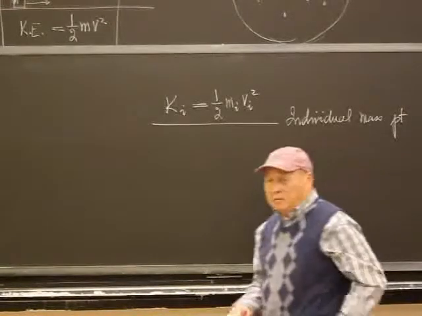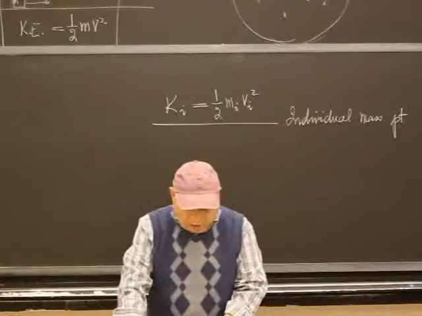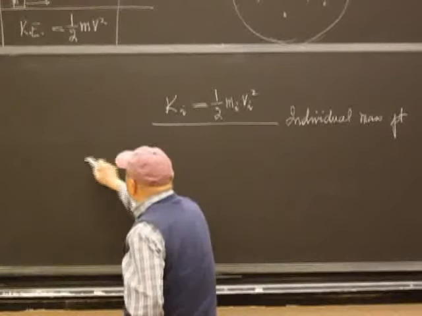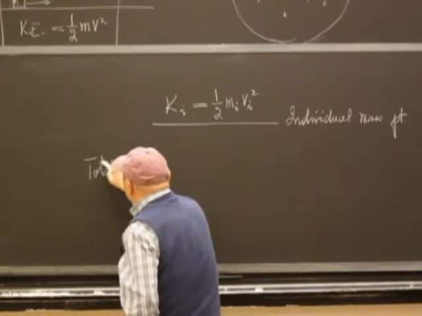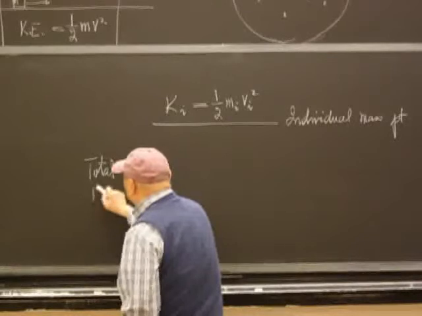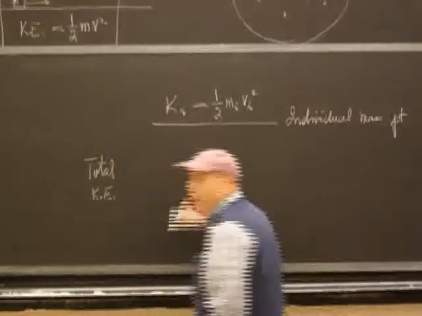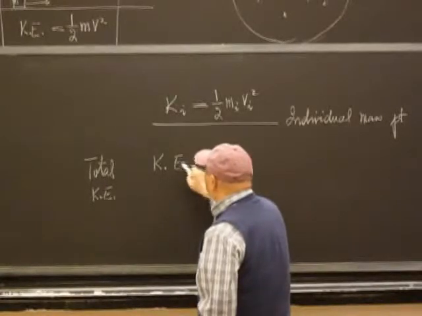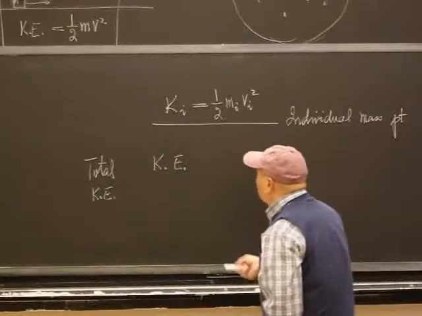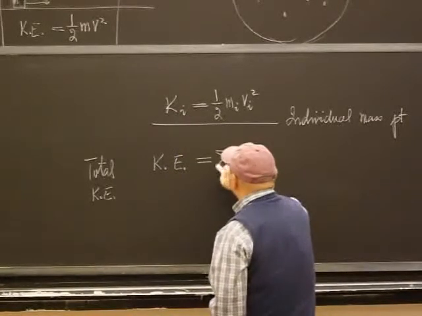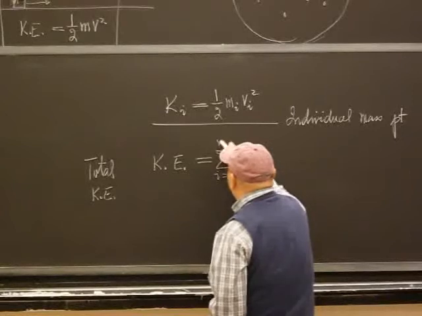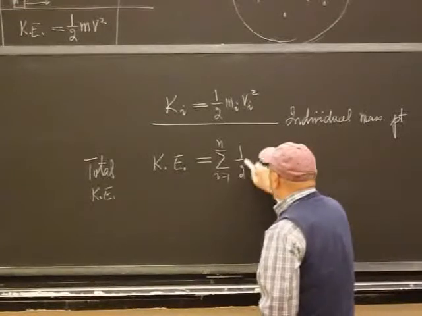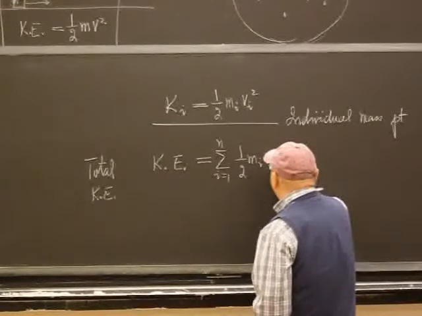So for the total system, the total kinetic energy, you have to sum every single point. For rotation, that is the summation from i equal to 1 to n of 1/2 Mi Vi squared.